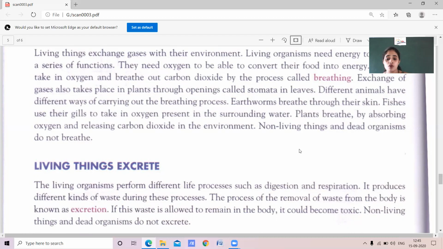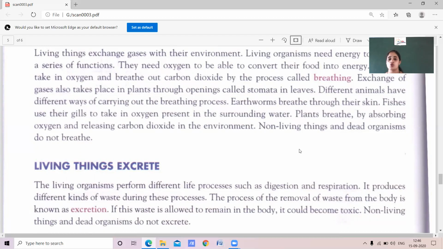The process of removal of waste from the body, we call excretion.